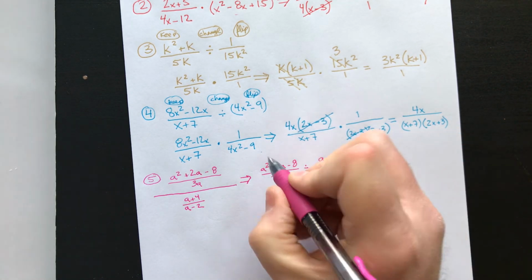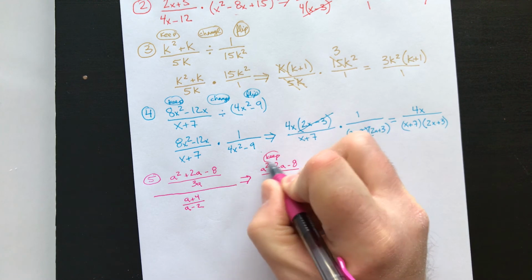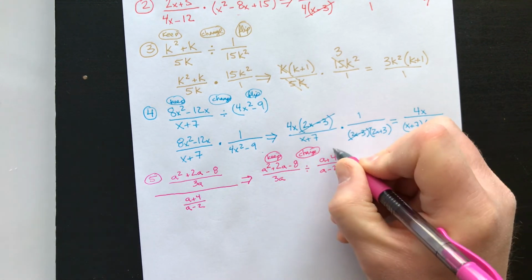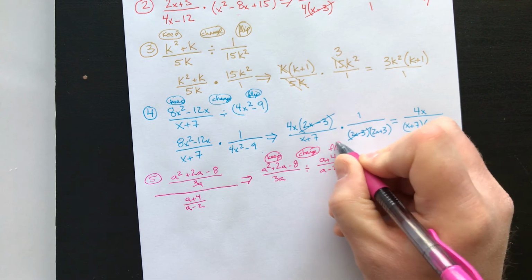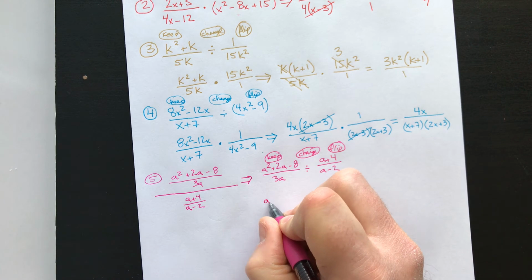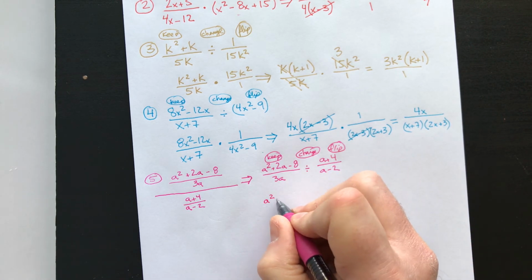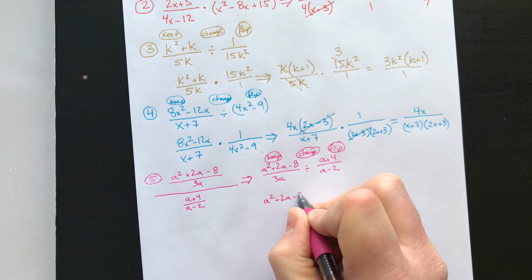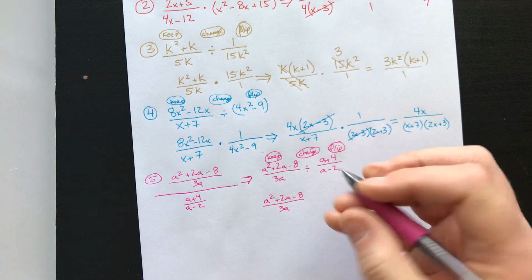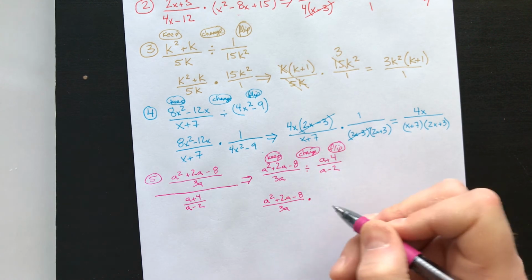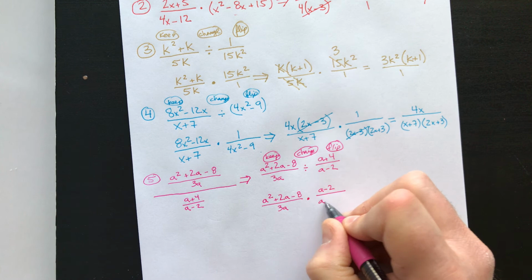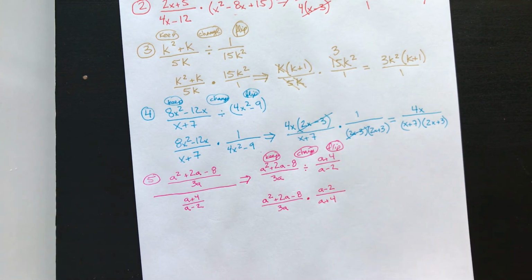And then when we get here, this is a keep, change, flip problem. So I'm going to rewrite this as a squared plus 2a minus 8 all over 3a. So that's keep, change, and then flip. Okay?